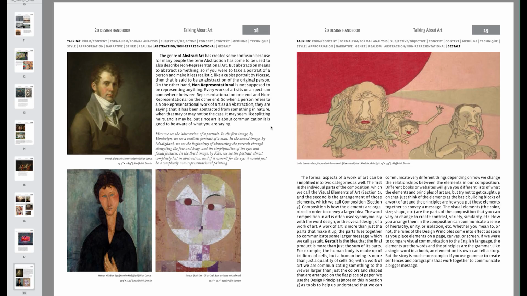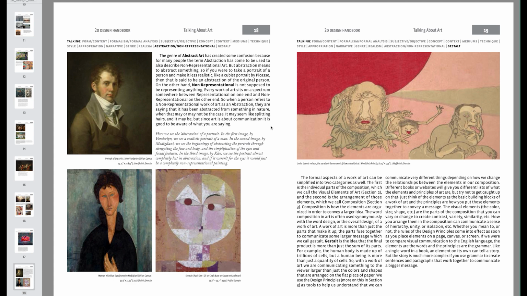The formal aspects of a work of art can be simplified into two categories as well. First is the individual parts of the composition, which we call the visual elements of art. We covered that in last week's lecture. The second is the arrangement of those elements, which we call composition. We're going to cover that in the following lectures. Composition is how the elements are organized in order to convey a larger idea.